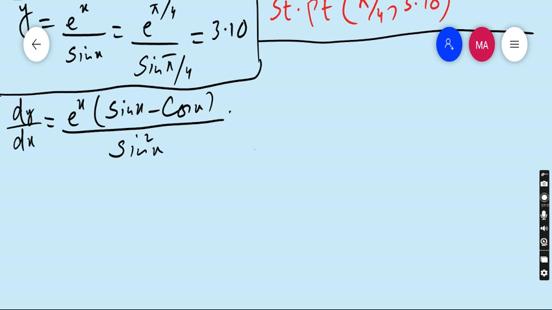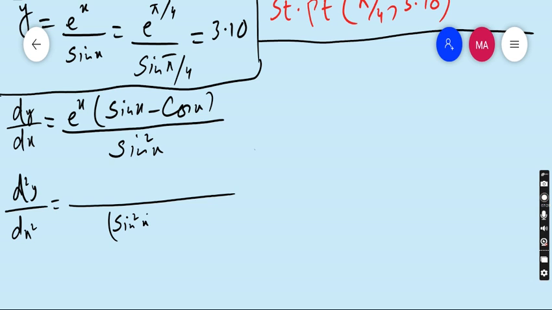I am going to find the double derivative, d2y by dx2, again. So v squared, sin square x whole square, v as it is, derivative of u. Students, u is e^x into sin x minus cos x, so we have to apply the u into v formula.